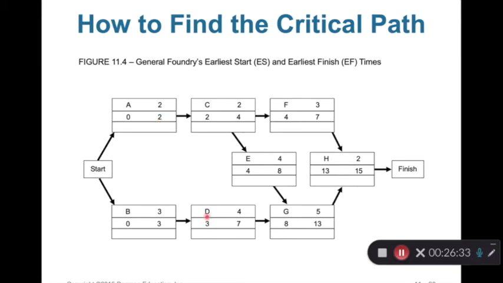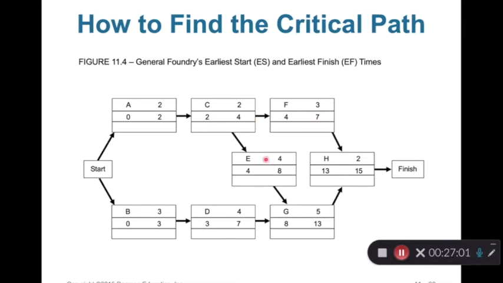Now we keep going, and then we should look at activity F and E. F has only one immediate predecessor, C. So the ES for F must be equal to the EF of C. So 4, 4. And 4 plus 3 equals 7. EF of F equals 7.